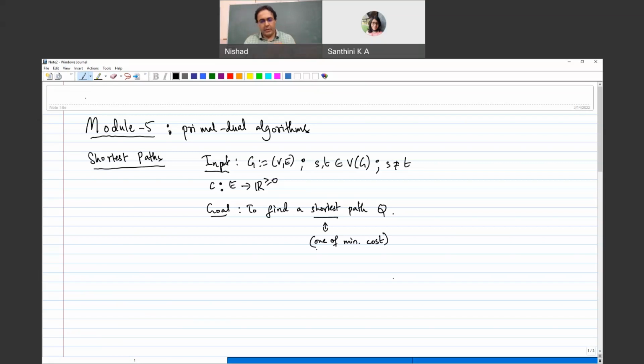So the C can be thought of as a cost function. It's also standard to call it a distance function, and then it will be the path of minimum distance, doesn't matter.